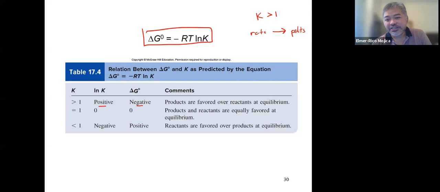K is more than 1 when there are more products compared to reactants, so the forward reaction happened, and in terms of delta G, the forward reaction happens if it is spontaneous.